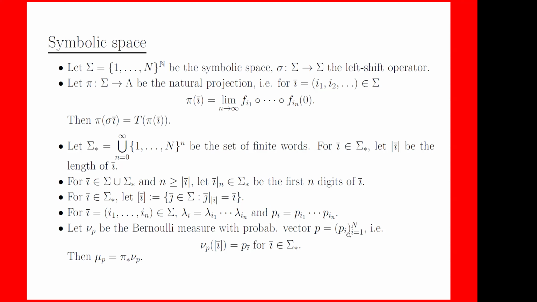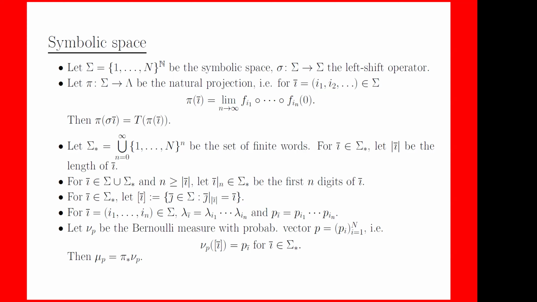According to this p, at position k you choose the symbol i with probability p_i, and everybody is independent. Every position is independent, and you do the same thing at every position. But what is nice is that if you push forward this Bernoulli measure nu_p with respect to the natural projection, then you get back your self-similar measure, what we have seen previously.